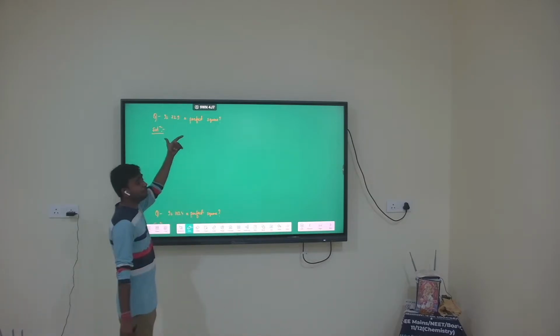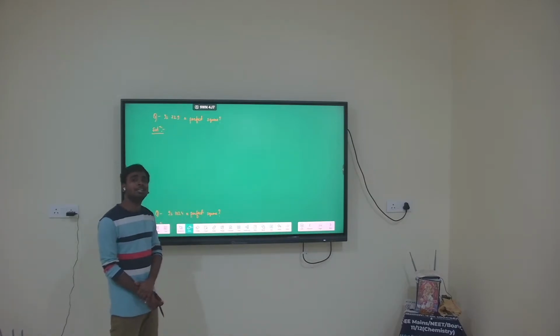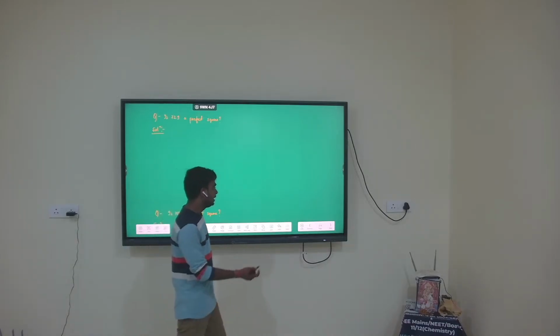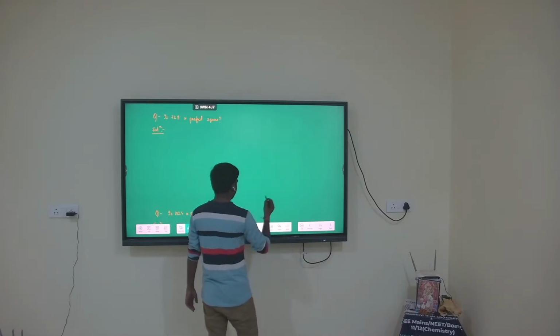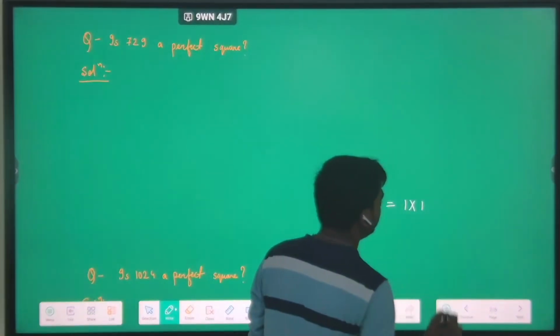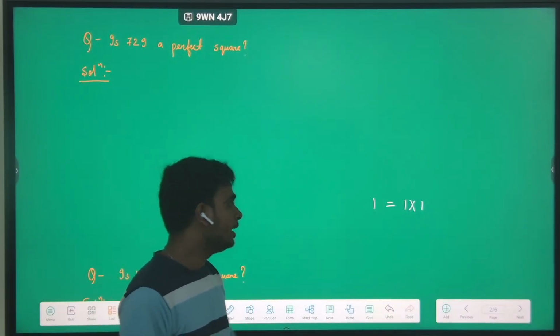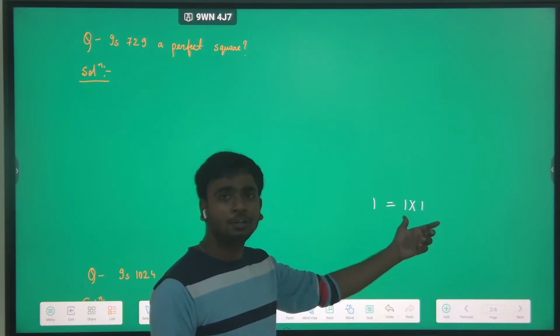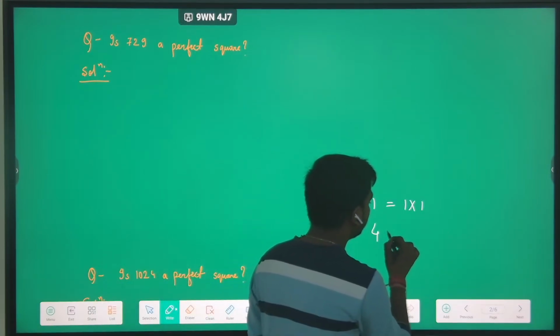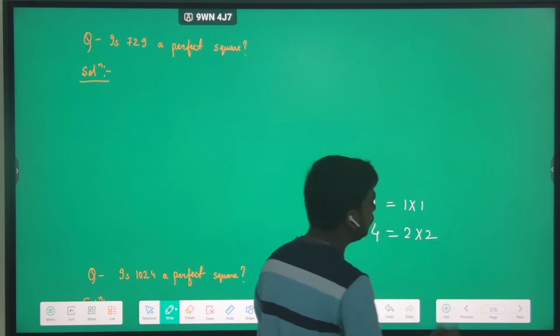Is 729 a perfect square? What do we mean by a perfect square? If we write that 1 is a perfect square, it can be represented as 1 into 1. It can be represented as the product of two numbers which are the same. For example, 4 can be represented as 2 into 2.